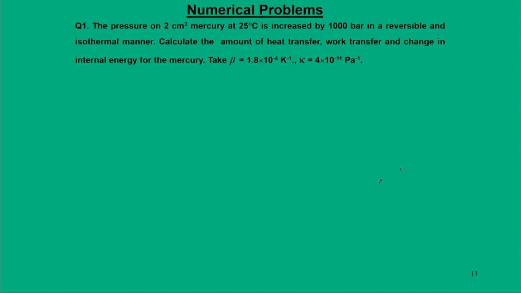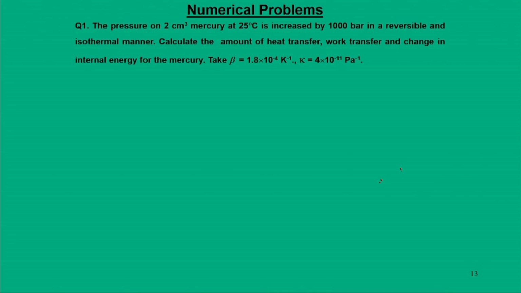Now, based on the content we have discussed, we are going to solve some simple numerical problems. I say simple because all the expressions have already been derived in the previous slides, so I will note down these expressions directly.